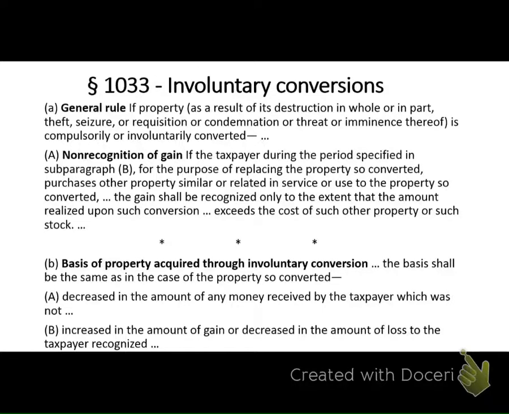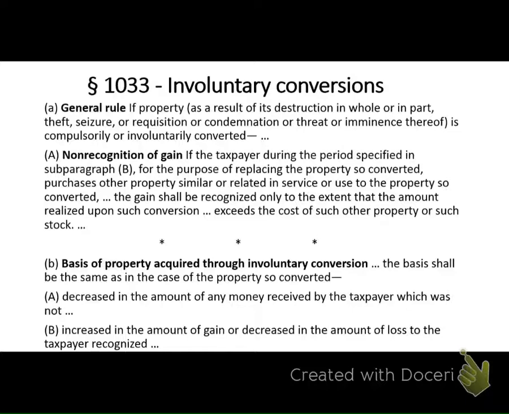So that last bit says that if my hypothetical $500,000 house that burned down had an adjusted basis of $100,000, I had $400,000 of built-in gain for my house, right? So if I take that $500,000 check from my insurance company and I go out and I buy another house worth $500,000, then I'm all set.